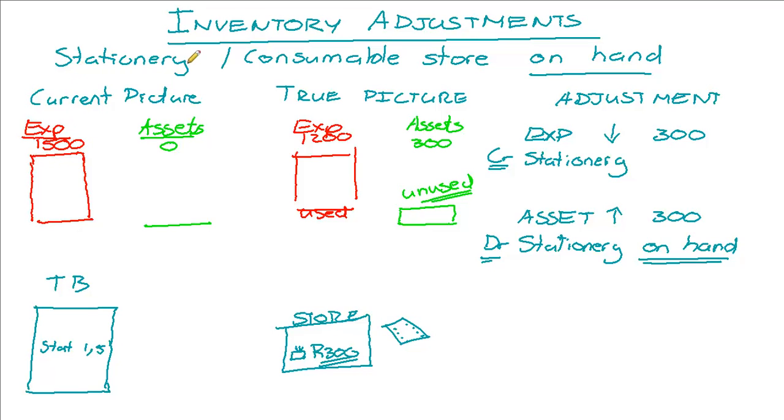But here with stationery and consumable stores on hand, when we do the transaction originally, everything is going to be assumed to be fully used or consumed, and we're going to record an expense. And thus when we do the adjustment, we're going to take 300 Rand out of the expense and we're going to move it to the asset. So this 300 Rand here was moved to the asset account, and that was my adjustment right here. Good.